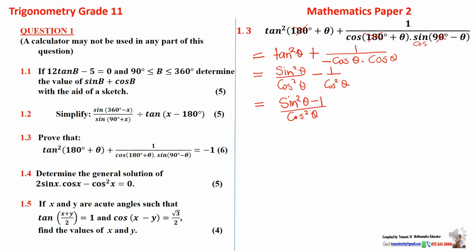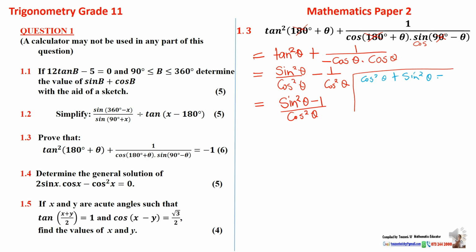Now something very cute in this expression: the identity which says cos squared theta plus sine squared theta is equal to 1. So let's quickly remind each other that identity again. It says cos squared theta plus sine squared theta is equal to 1.